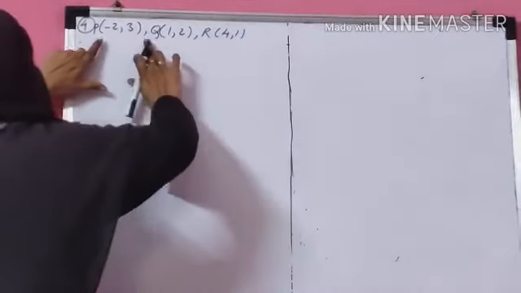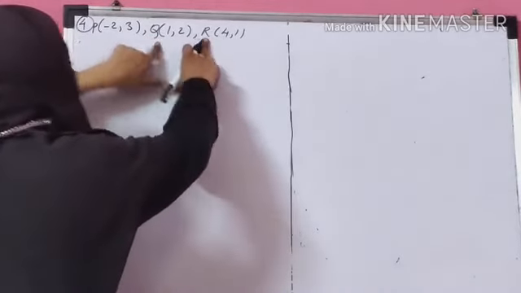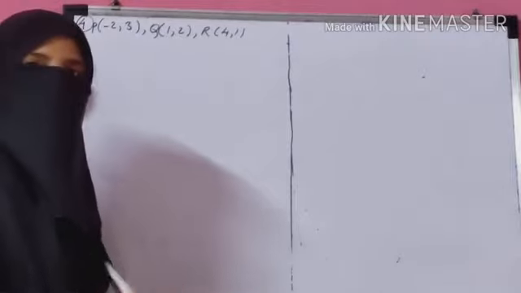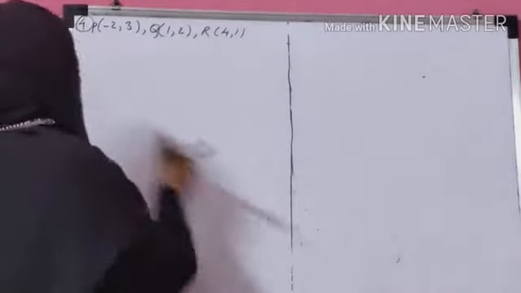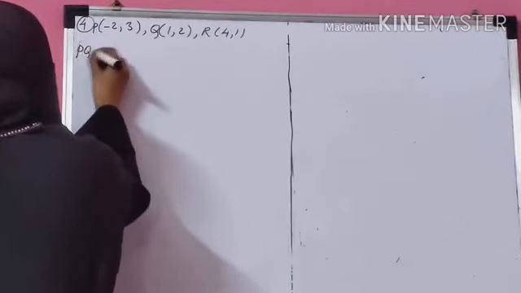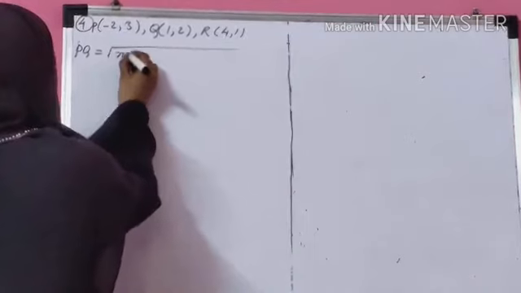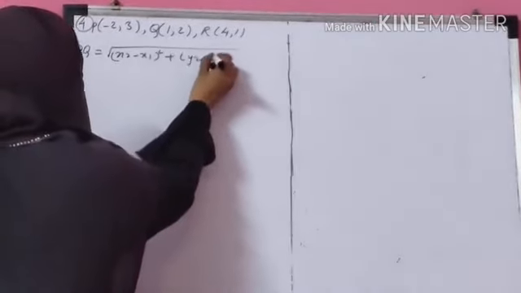First of all, you have to find the distance of segment PQ, then distance of segment QR, then distance of segment PR. If the addition of the smaller segments is equal to the greater one, then the points are collinear. Let's start first of all with the distance between points PQ by the distance formula, that is square root of x2 minus x1 whole bracket square plus y2 minus y1 whole bracket square.